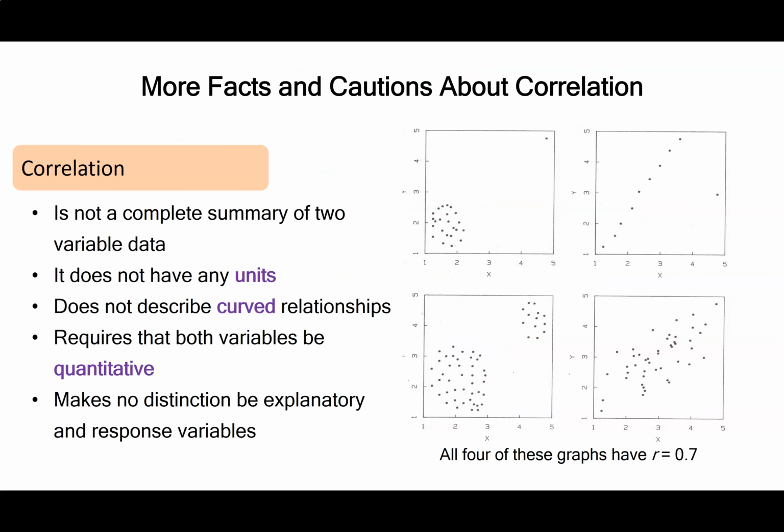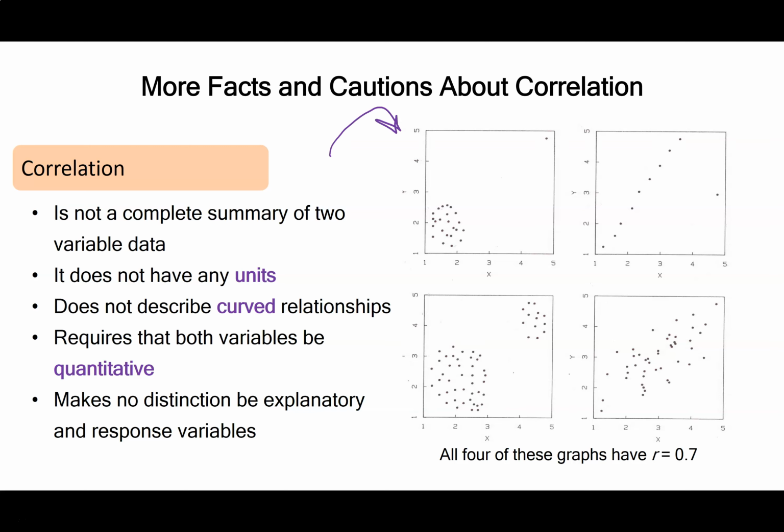So some more facts here. It's not a complete summary in and of itself. If you only use the correlation coefficient, you might be missing out on some very important information. So it's incredibly important to make sure that you have the scatter plot and that you look at the scatter plot so that you know what the correlation coefficient in this context might mean.